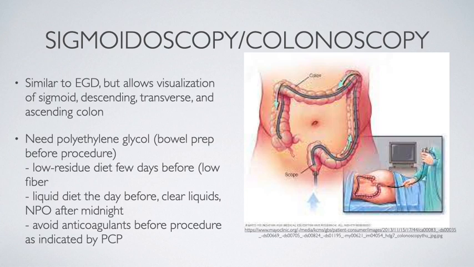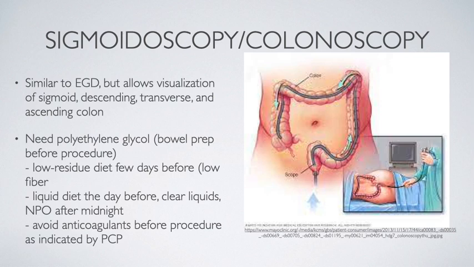You want to make sure this patient has a low residue diet before. Obviously, sometimes if it's an emergency situation, you can't have that, but if they're going in for a planned procedure, you can have them be low residue, low fiber. You can have liquid the day before, clear liquids, but then nothing by mouth before midnight.